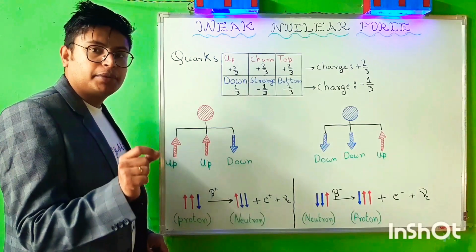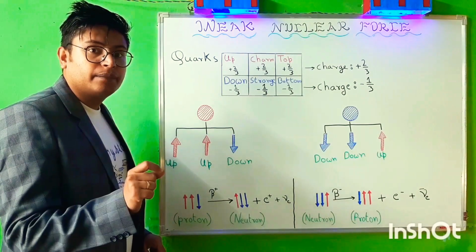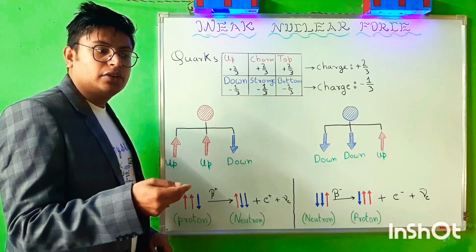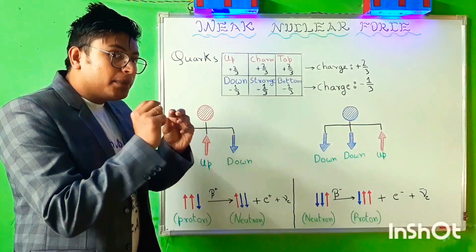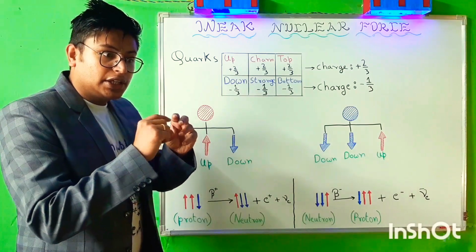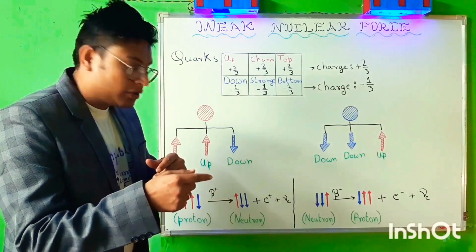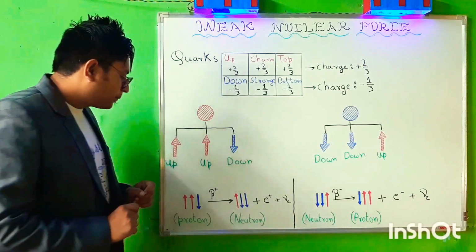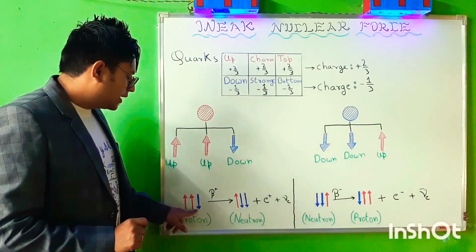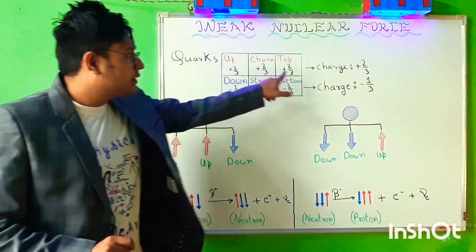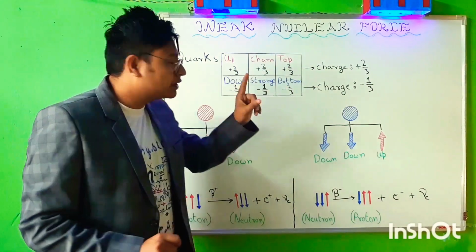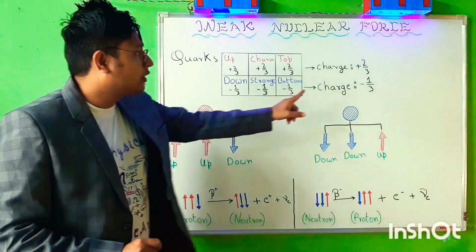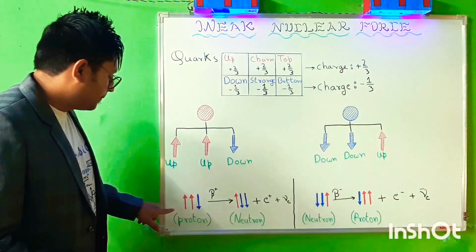What is actually happening at the most fundamental level? Is it directly a proton changing into a neutron, or one particular quark changing into another quark? As I said, in this particular case, an up quark is positively charged, a down quark is negatively charged, that is 2/3 and minus 1/3.